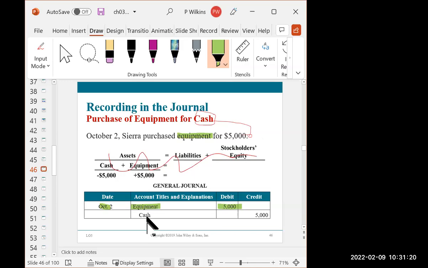So cash is an asset. Assets have a debit balance. In order to make a debit balance account go down, we have to do the opposite of what the normal balance is. We have to credit it. So we're going to credit cash $5,000. So our cash went down. That's the other part of the transaction.